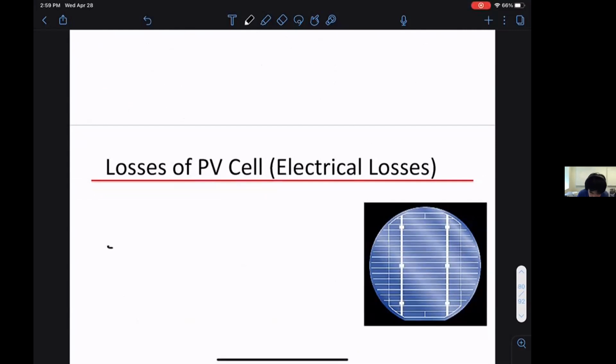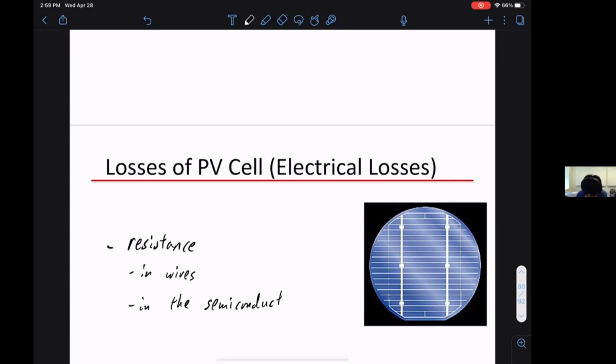So these losses are just resistances. You have resistance in the wire, and you have resistance in the semiconductor. The semiconductor has some resistance, so together these also give us some loss.